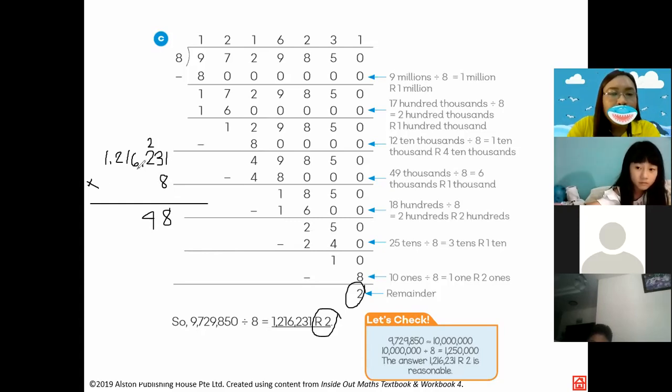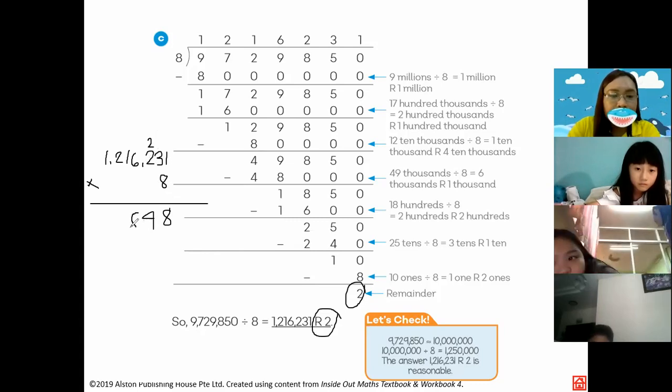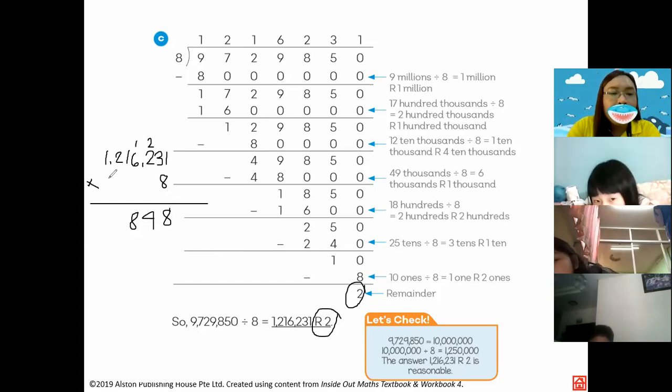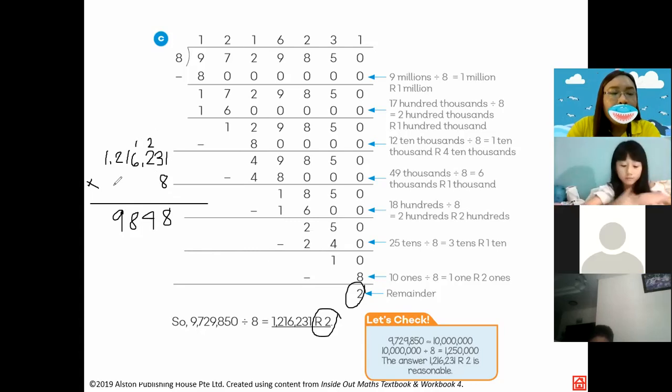And then 8 multiplied by 2, 16. Plus 2, 18. Then carry 1 here. 8 multiplied by 6, that's 48. Plus 1, 49.